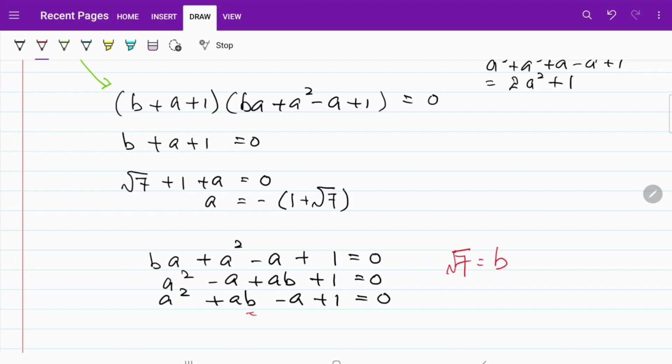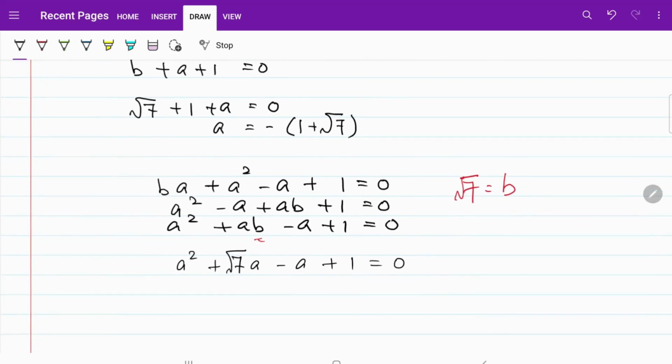So if we substitute this value of b, we now have a squared plus square root of 7a minus a plus 1 equal to 0. From here, I can rewrite that as a squared plus (square root of 7 minus 1) multiplied by a plus 1 equal to 0.